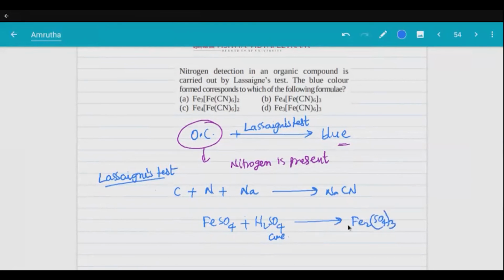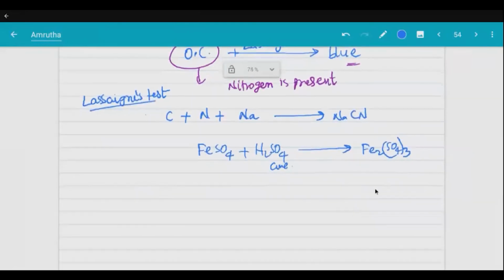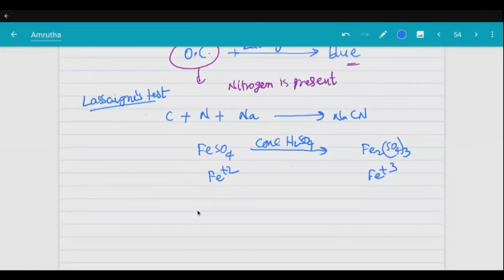So what is happening here? Iron plus 2 is converted into iron plus 3. Some of the iron plus 2, not all. We add very little, just 1 or 2 drops of concentrated H2SO4. Some of the iron plus 2 is converted into iron plus 3, not all.